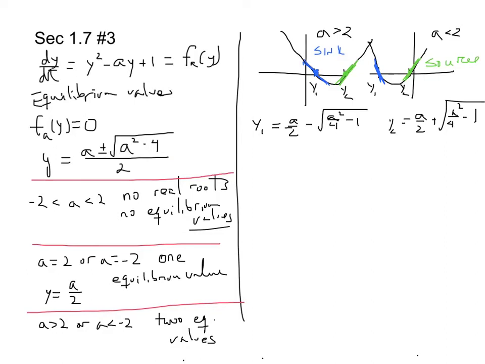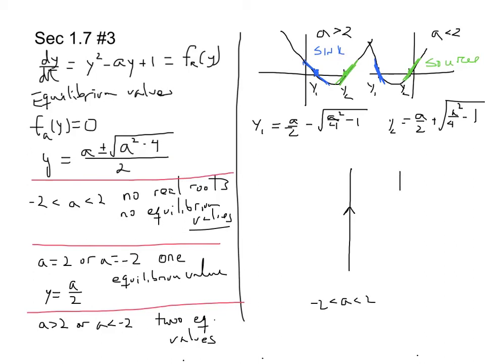And so when we make phase lines, I will start with the range where a is less than 2 and bigger than minus 2. There are no equilibrium values. The function is always positive with those values of a, and so our phase line looks like this.